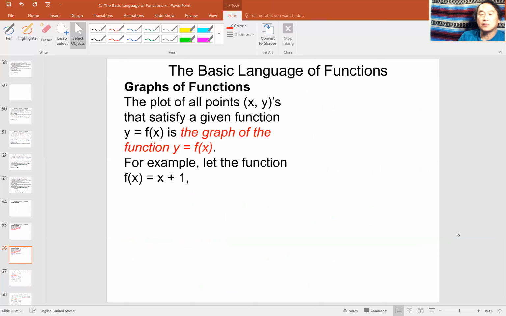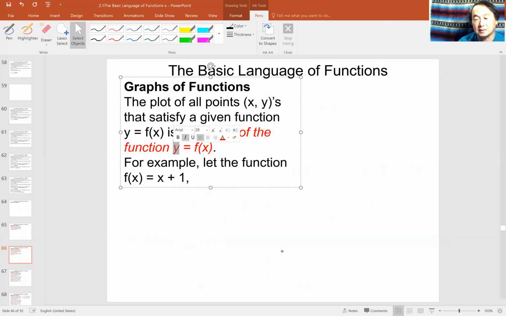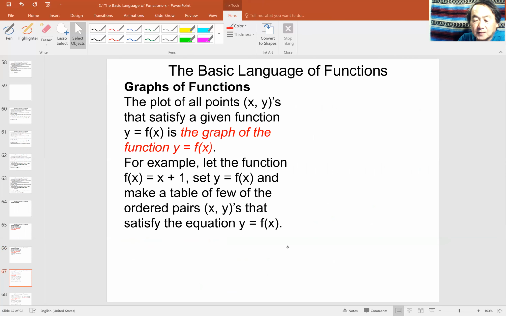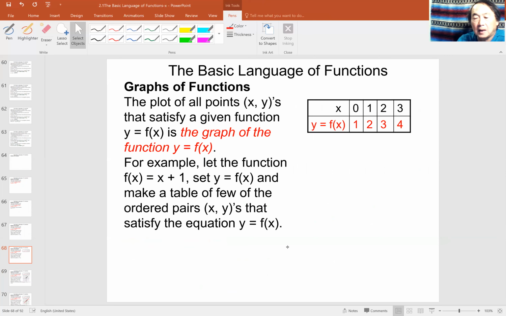Once we have this notion of functions, I can make a graph of a function by setting the y coordinate in the xy coordinates to be the outcome of the x. So if we have the formula f of x equal to x plus 1, then I can set up a table and calculate, for each input x, the corresponding output y.